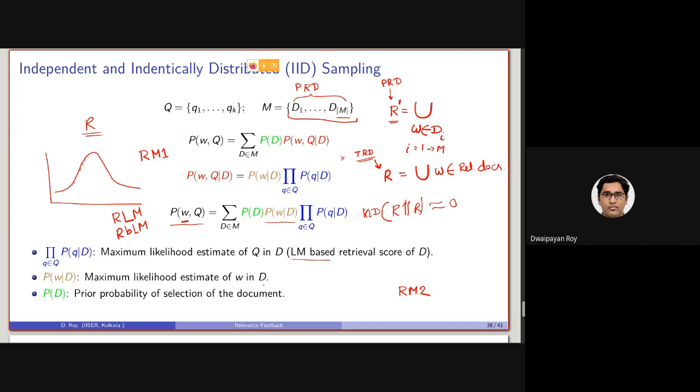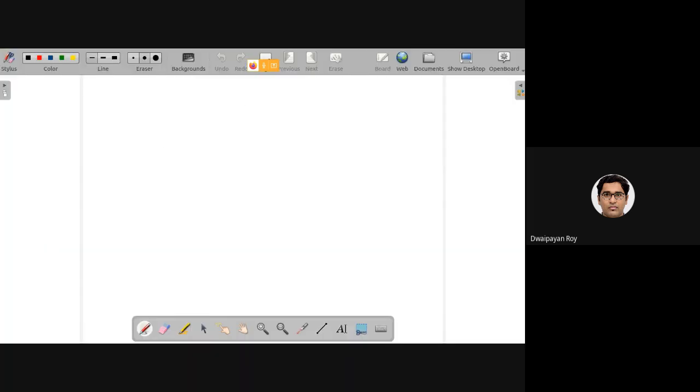RM1 is known to work better than RM2, so that's why we'll be concentrating on RM1 only.